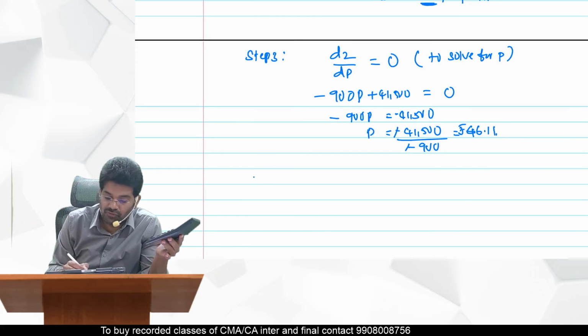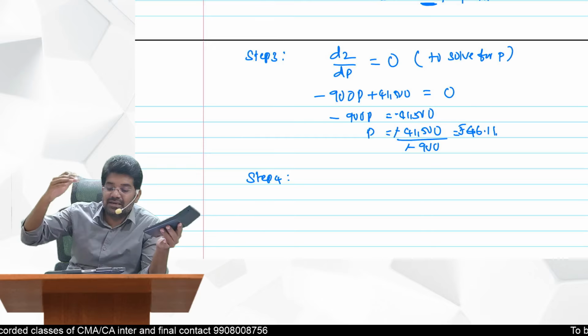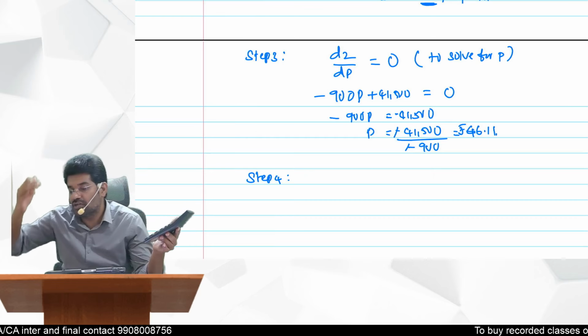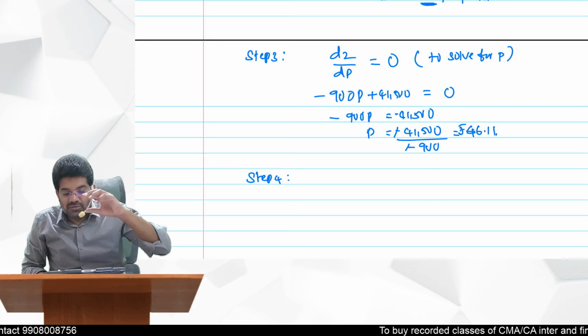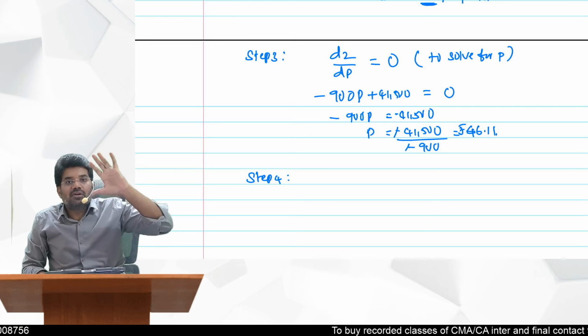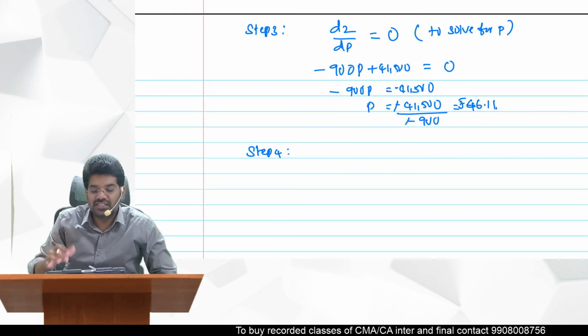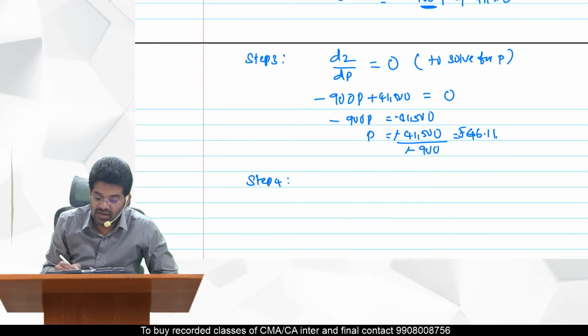Now step number 4. Now we should confirm whether we achieved a maximum or not. Is it the maximum? Is it a price at which the revenue will be maximum or not? That we should confirm now. At this price, whether the total revenue is maximum or not, that is what we should confirm. So how to confirm that is by again differentiating step number 2. Second order derivative now.